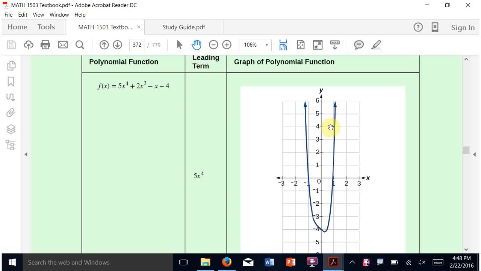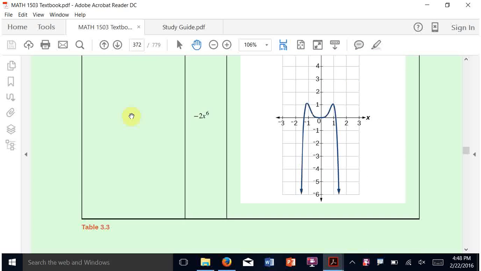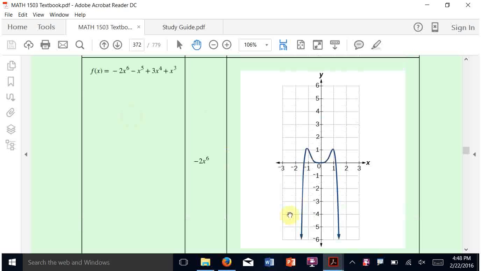You'll be going to positive infinity. What happens, say, when you have a negative coefficient next to your leading term? Well, the graph flips. You're going down, opening down in both instances because you have an even exponent.